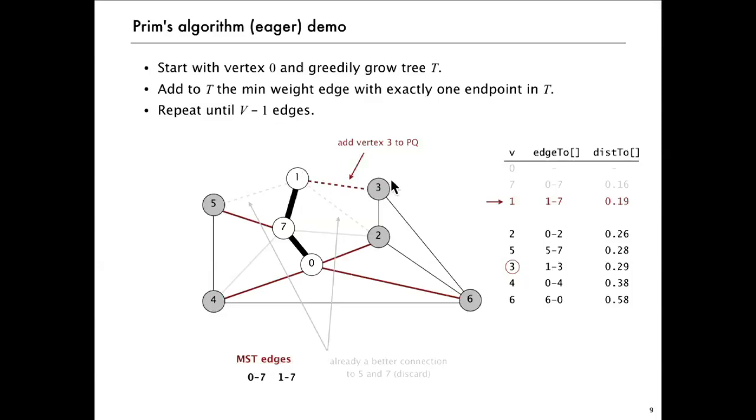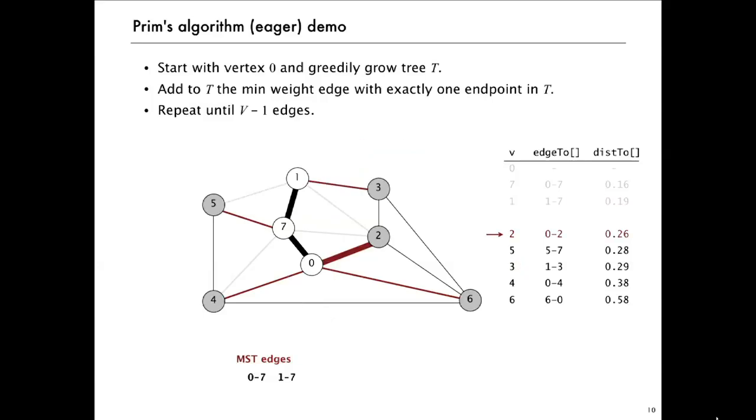But we haven't seen 3 yet, so we add vertex 3 to the priority queue and say we get to the tree by 1-3, distance 0.29. All the vertices within one edge of the tree and the edge and the length of the shortest edge that gets to the tree from that vertex. That's what we're maintaining at every step.